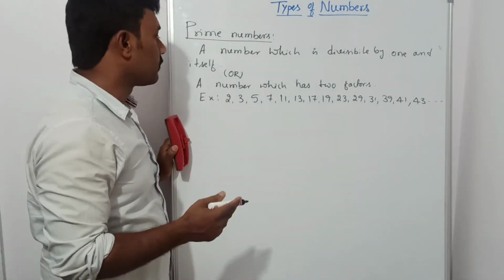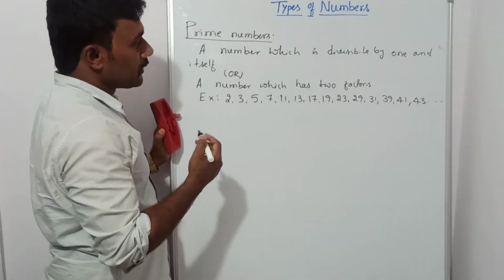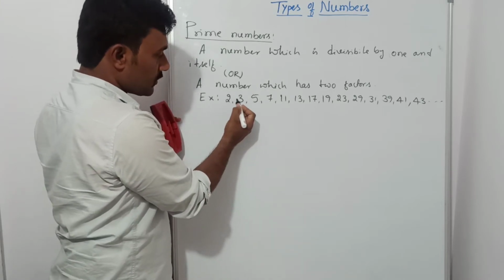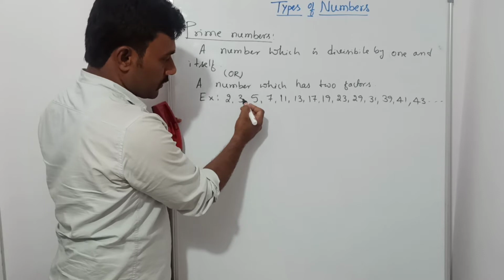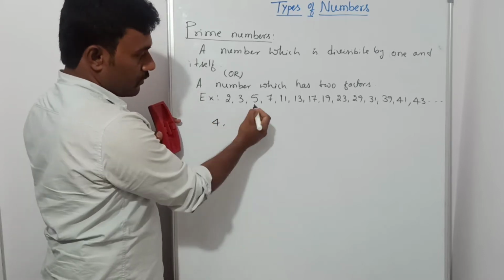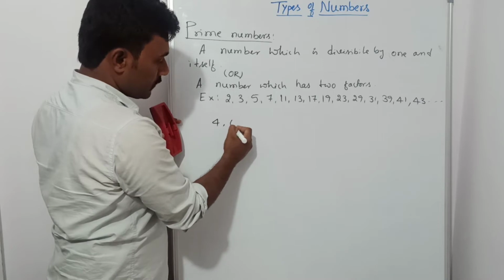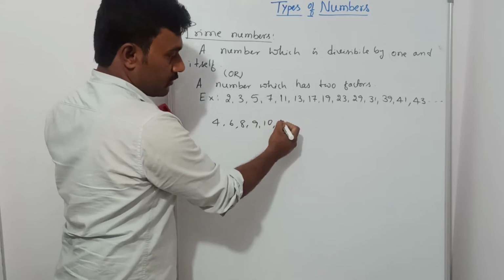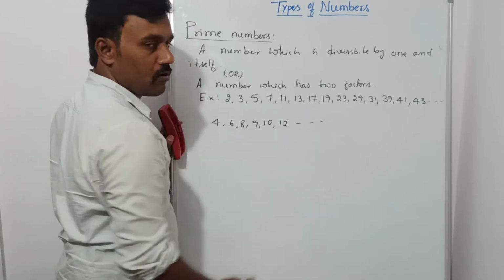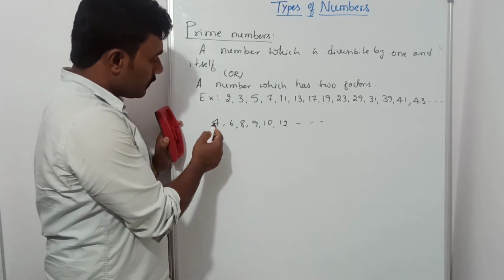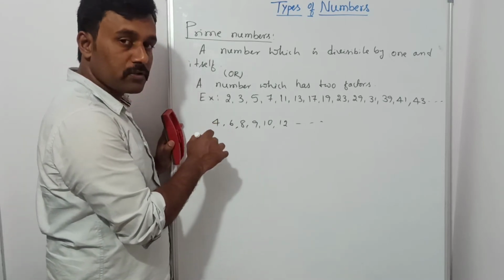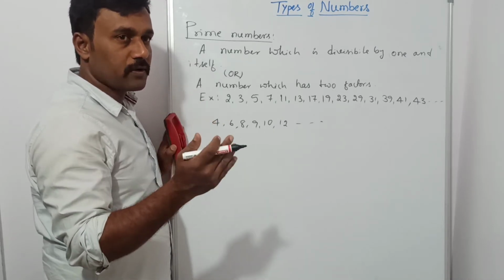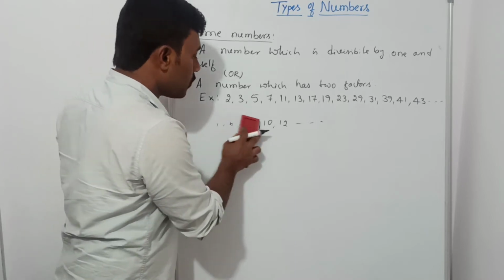We have an infinite number of prime numbers, and the remaining numbers lie between these prime numbers. Between 5 and 7 we have 6, between 7 and 11 we have 8, 9, 10, and then 12. So these numbers are called composite numbers, since they have more than 2 factors.